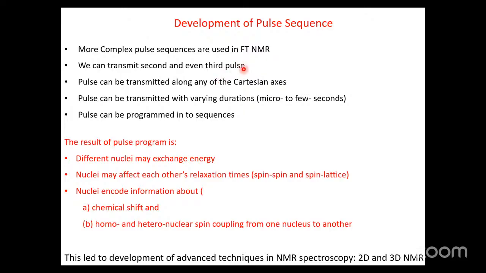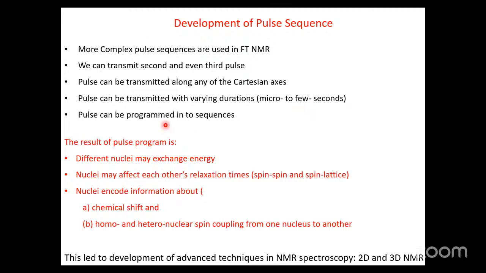All the nuclei present in a molecule we are exciting at one time, and we are giving the pulse for a few seconds. The pulse can be transmitted along any Cartesian axis, and the pulse can be transmitted with varying duration from microseconds to a few seconds.